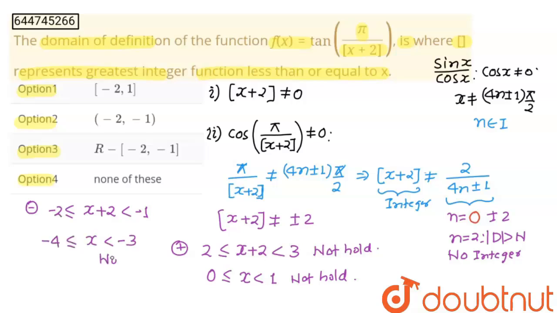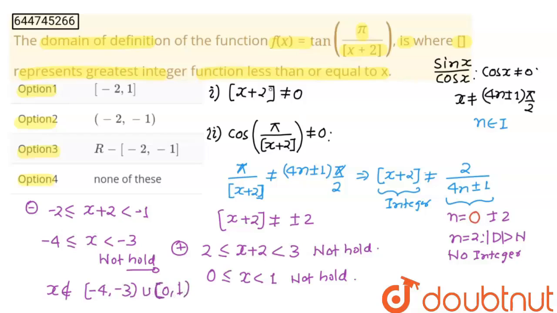That will not hold. So from this condition we got x should not belong to minus 4 to minus 3 union 0 to 1, 0 closed.